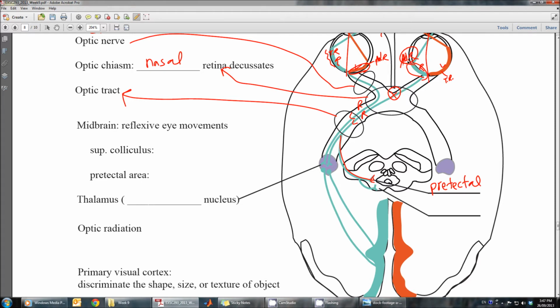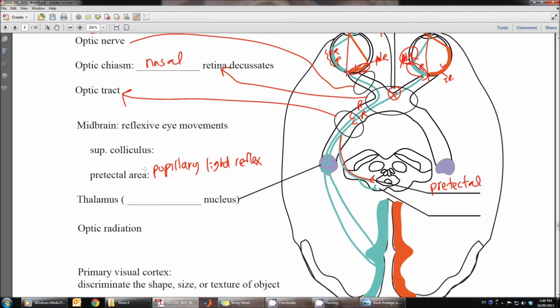So this is one of the parts of the afferent optic nerve that links to the afferent limb of the pupillary light reflex. So that's responsible for the pupillary light reflex. That's where you can find the interneurons, which go to the ocular motor nuclei.